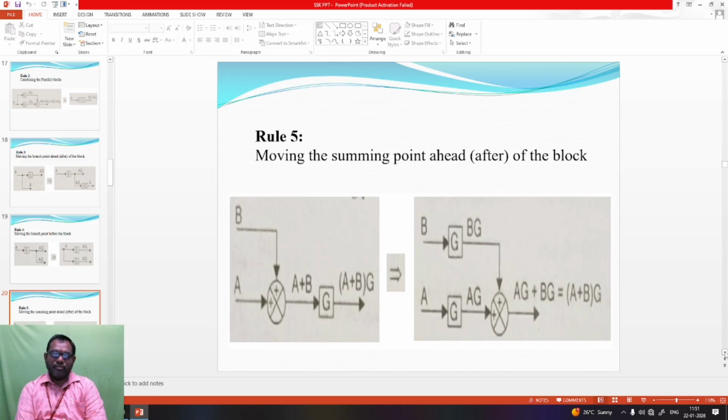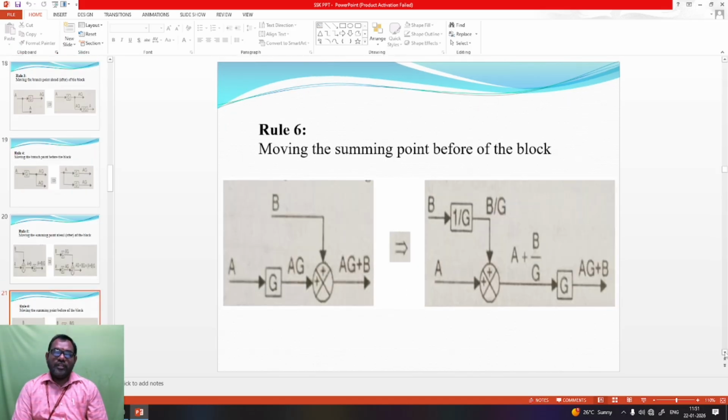The output of the summing point is A plus B. The A plus B is going to move after the G, that is, after the block G. The right hand side represents the summing point after it is moved. Therefore, the output is equal to AG plus BG, which is equal to A plus B into G. So this is rule number 5.